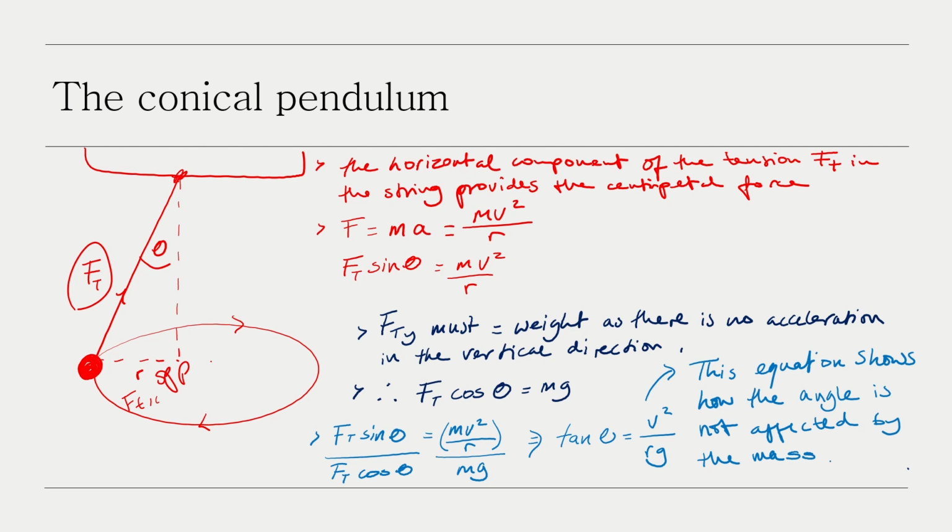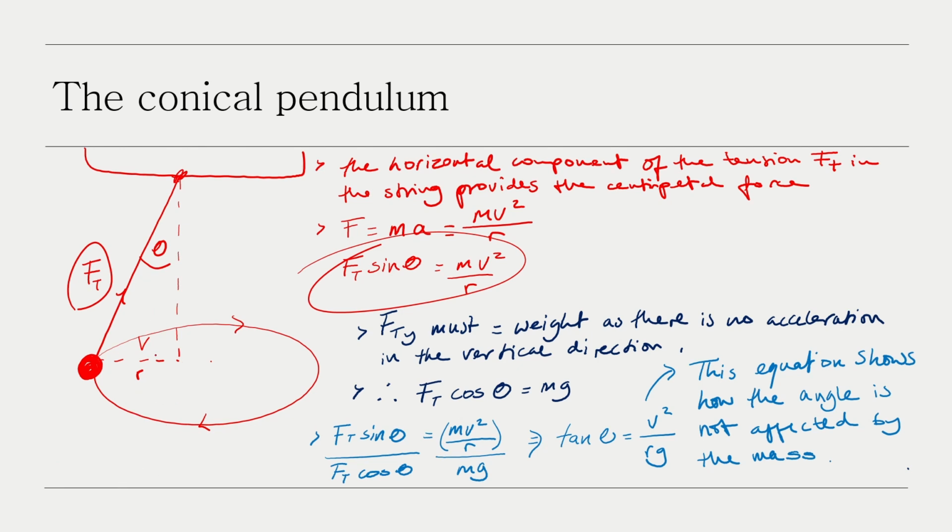So we can say that Ftx is equal to mv squared over r. Because this is the opposite to the angle here, we can say that sine theta multiplied by the hypotenuse, which is our tension force, is equal to mv squared over r. And we have that expression here. That is the first half of our derivation.